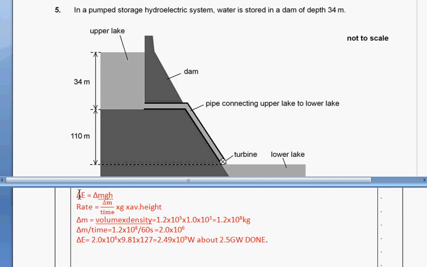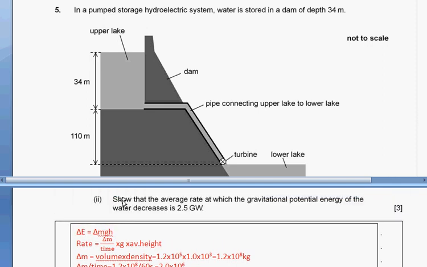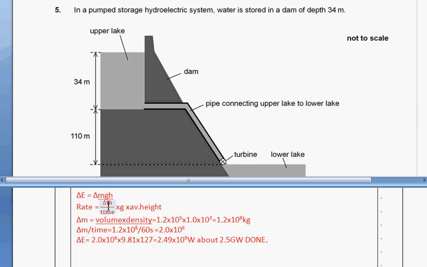So we divide both sides by time, and we get change of energy by time, so rate of change. If we divide the right part by time, we get rate of change of mass, g, average height.